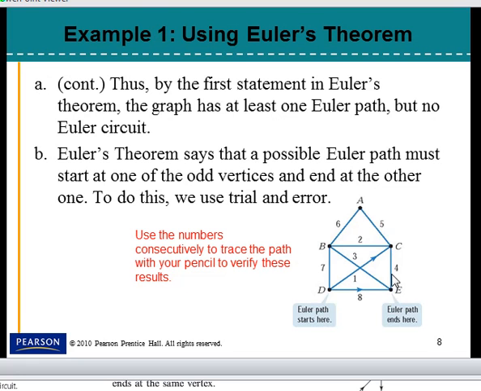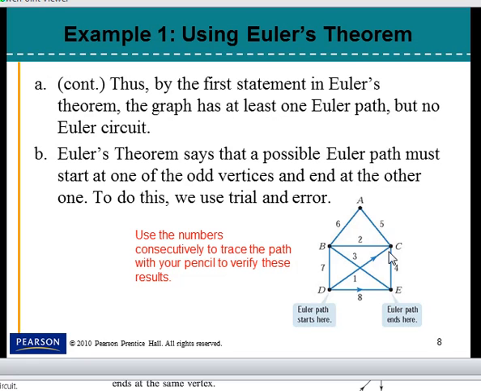And then after that, you see the 4 here, that means we go from E to C. 5 means we go from C to A. 6 means we go from A to B. 7 means we go from B to D, 8 means that we go from D to E.